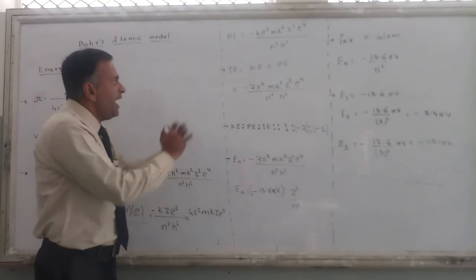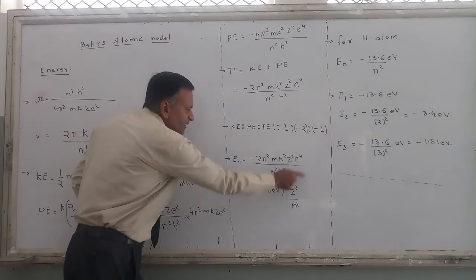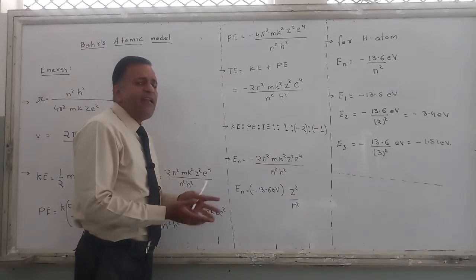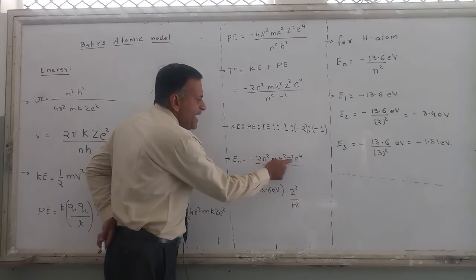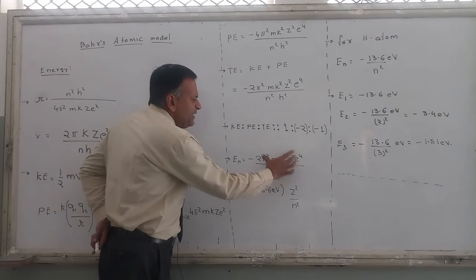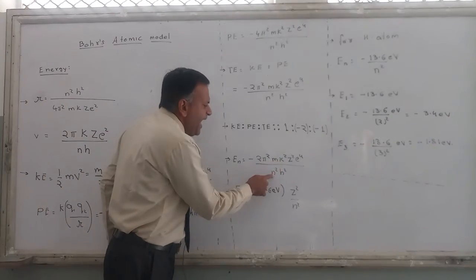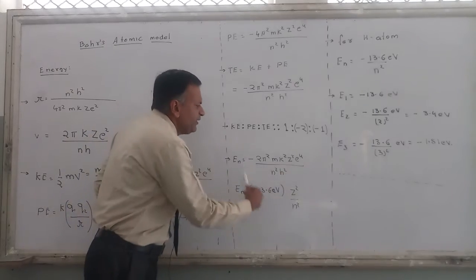Alright, now I will use this equation of total energy, and separate out the constants and variables. 2 pi square m k e square and h square, these are all constants. What are the variables? Only z square and n square, z square and n square. And what remaining constants are?